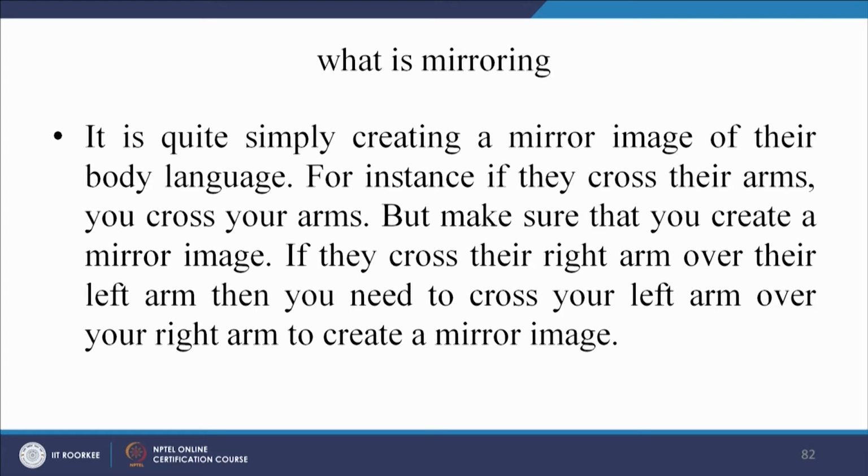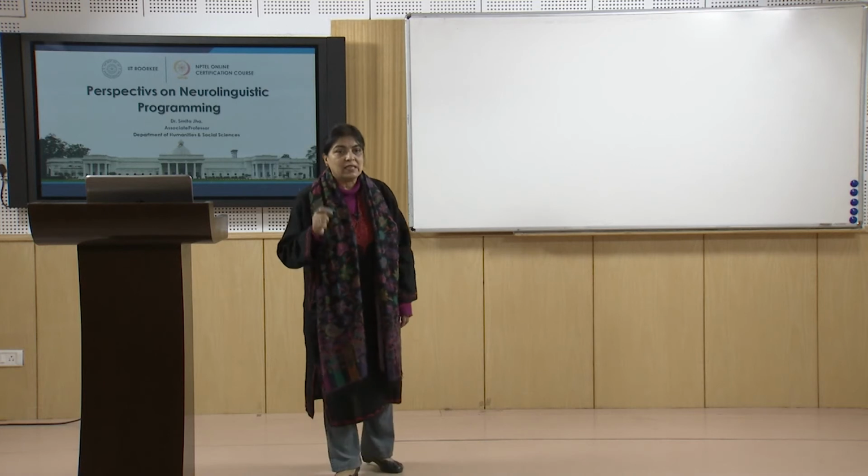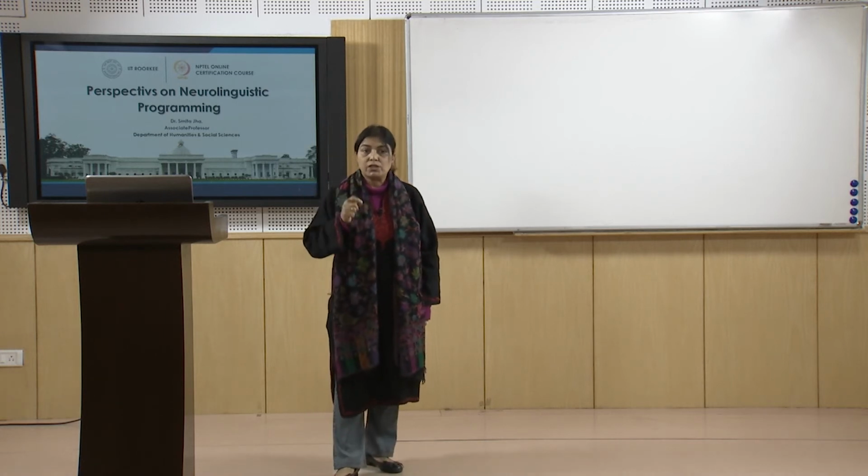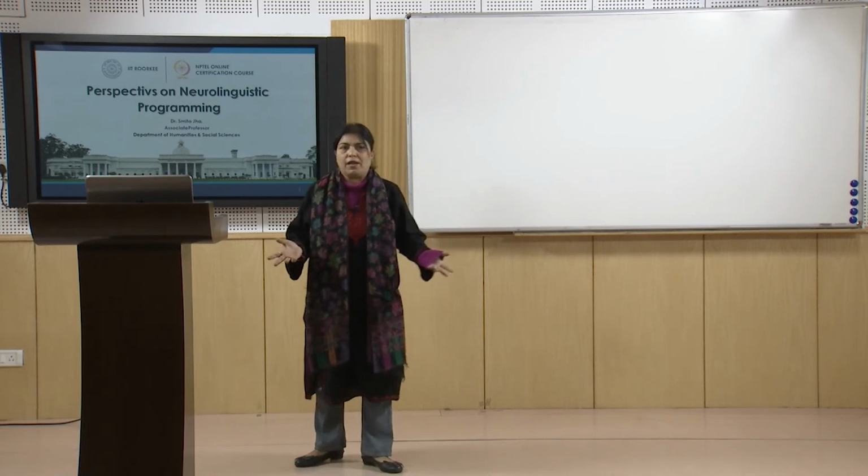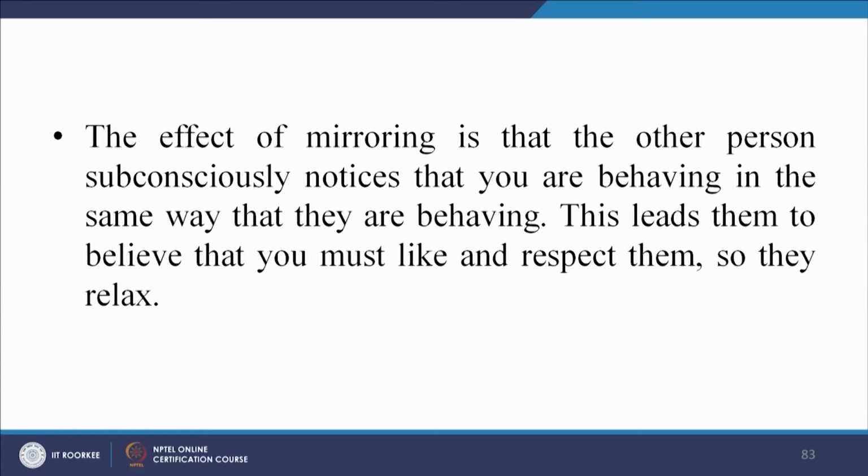If they cross their right arm over their left arm, then you need to cross your left arm over your right arm. The effect of mirroring is that the other person subconsciously notices that you are behaving in the same way that they are behaving. This leads them to believe that you must like and respect them. So they relax, they feel comfortable with you.